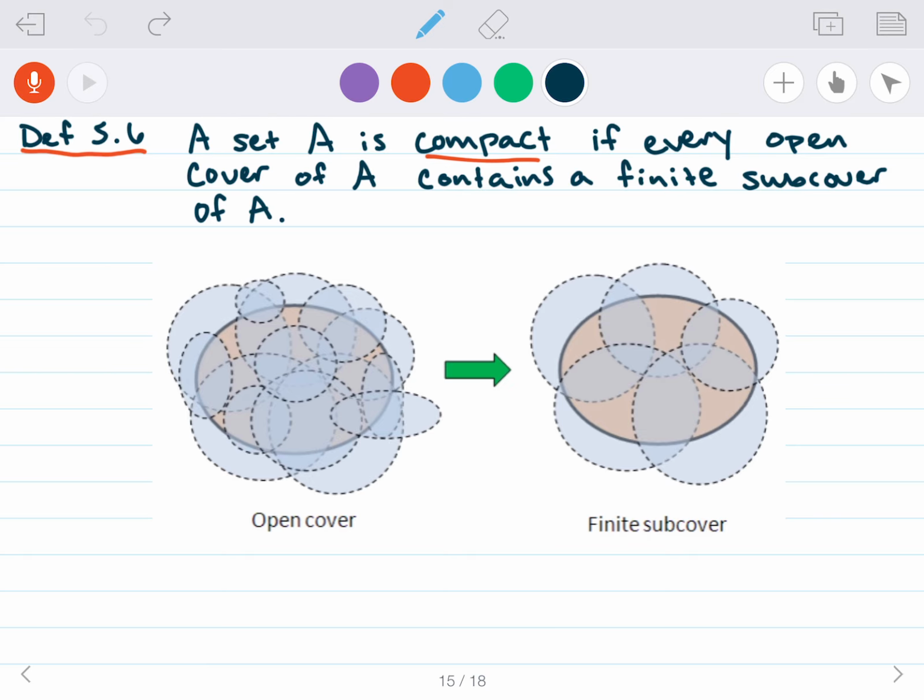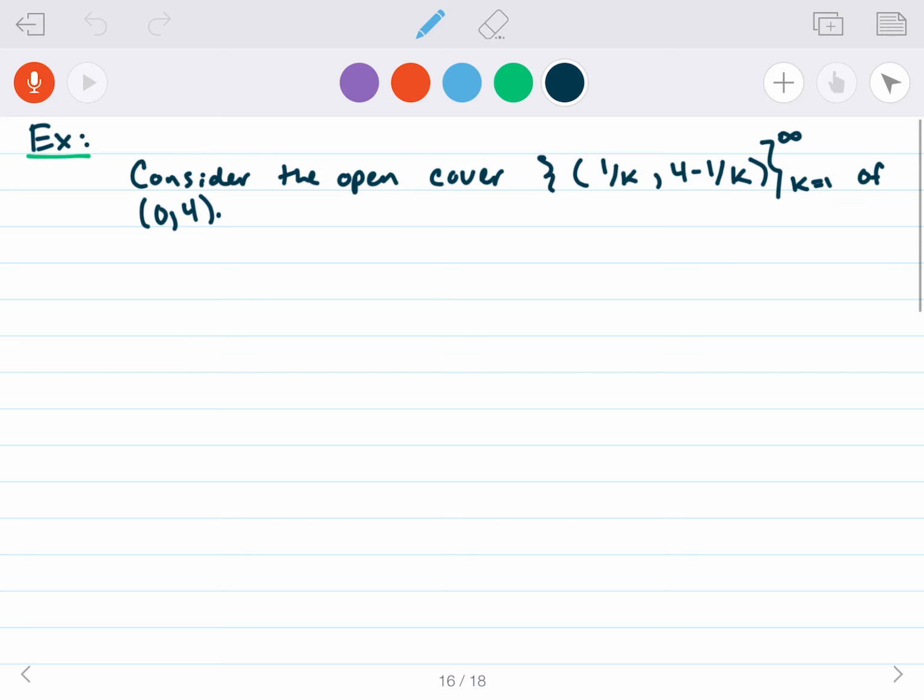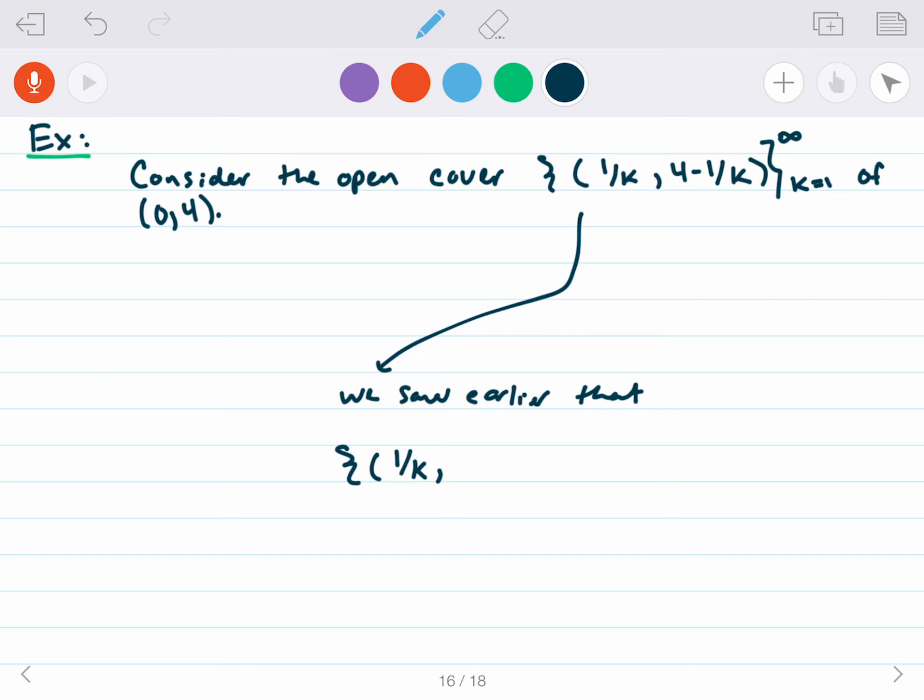Okay, so let's go ahead and look at this example. We saw earlier that this open cover of (0, 4) has no finite subcover.